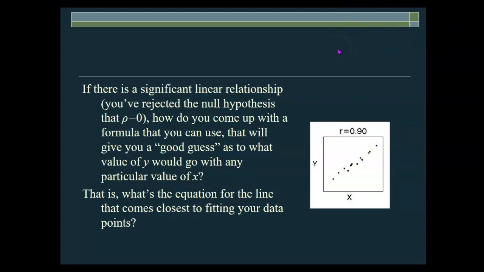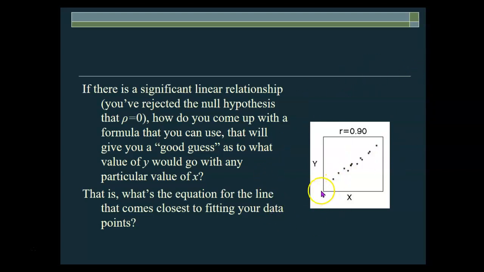But the kind of situation we want to deal with is where there is a significant linear relationship. So you've got data points that maybe don't line up perfectly, but they line up well enough that it looks like there is a correlation, and you want to come up with a formula that will give you a good guess as to what value of y would go with any particular value of x.